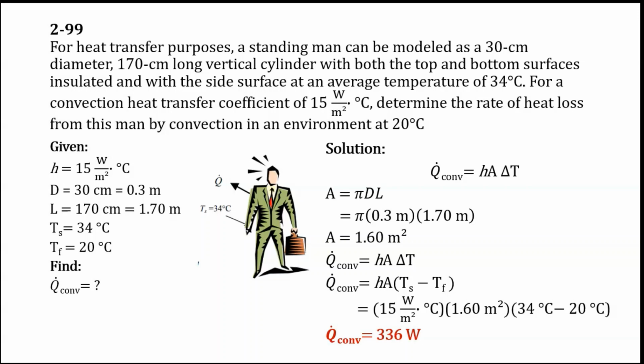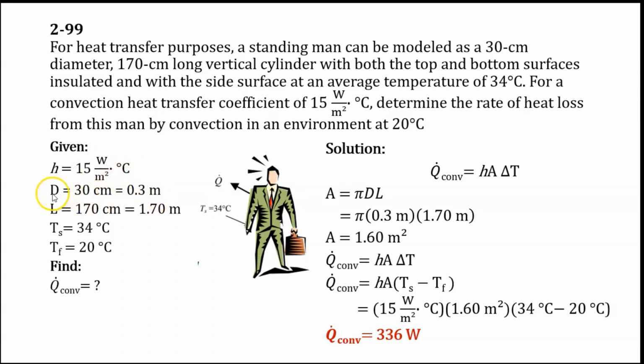So before we proceed in finding the rate of heat loss from this man, we will identify first our given. So we have here the h as our convection heat transfer coefficient, which is equal to 15 watts per square meter degrees Celsius.